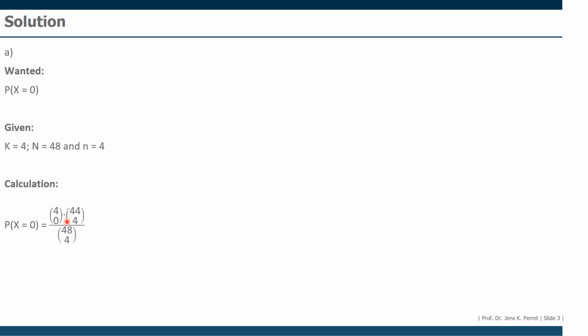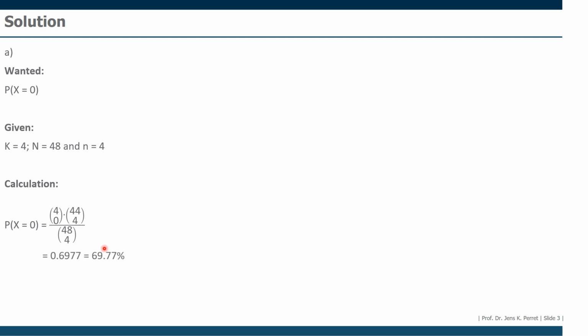This represents how many lectures in our sample should not be on statistics and how many could not be on statistics. So 4 statistics lectures, 44 non-statistics lectures. And we divide this by 48 over 4, so that's large N over small n.